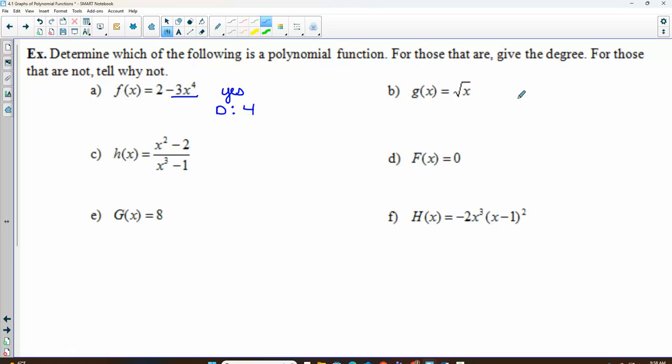B, the square root of x. A square root is the same thing as a 1/2 power. Would that be a polynomial? No. The reason is the fraction exponent.